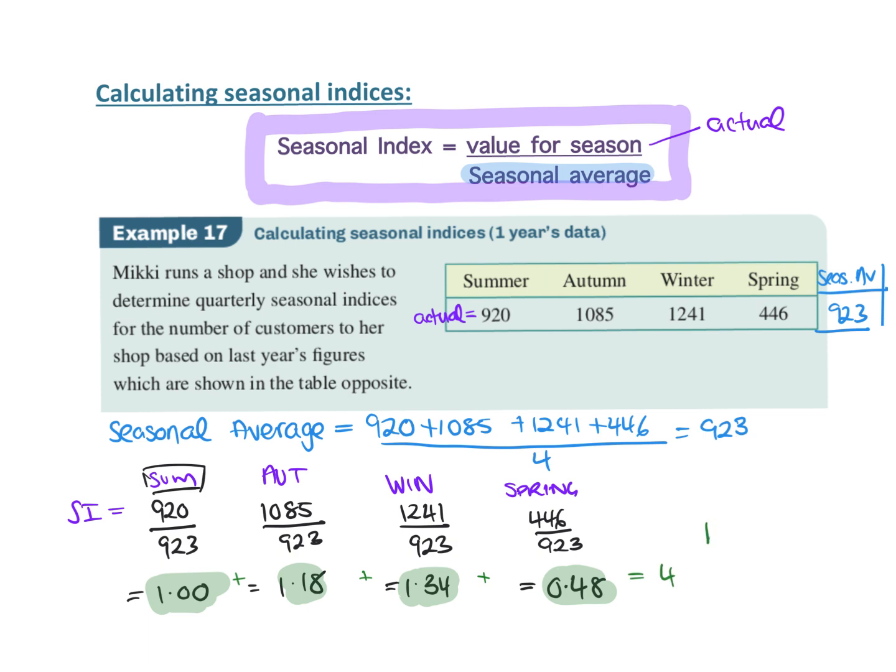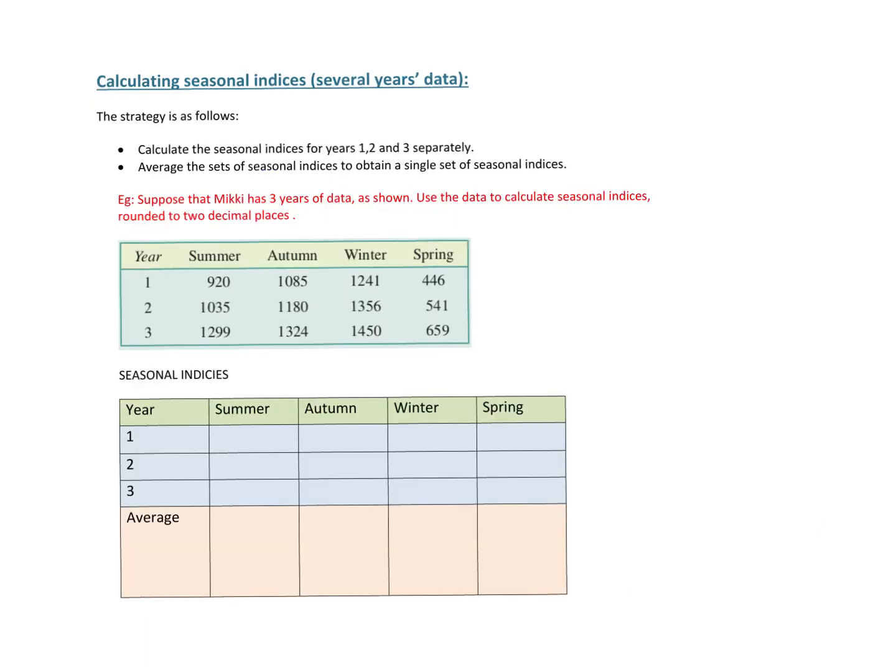You might want to write that down: because there are 4 seasons, the seasonal indices add up to 4. That's how you know you've rounded right or you've done it correctly, because it should all add up to 4. Okay, so that was calculating the seasonal index with just one year of data.